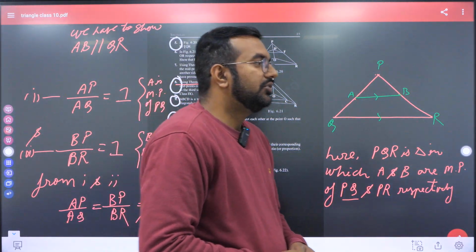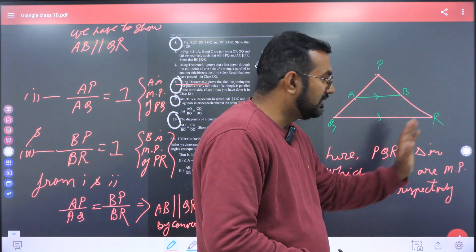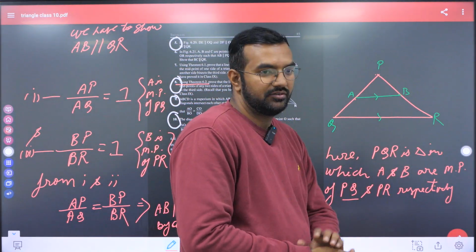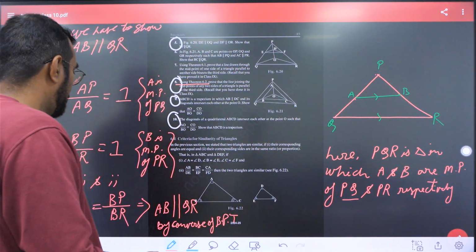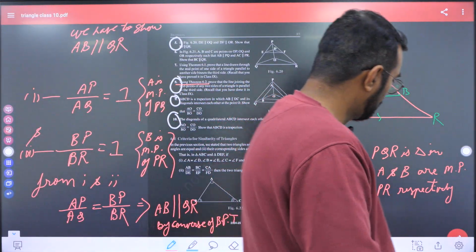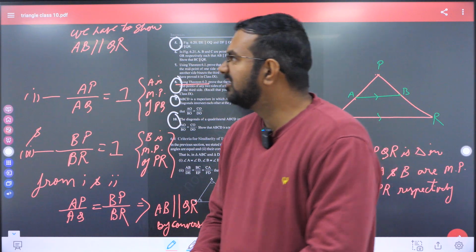The BPT theorem applies only when this line is parallel to this. Here we have to prove that this line is parallel to this.